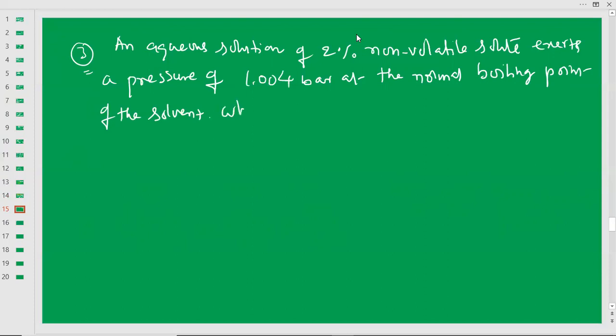The question is, what is the molar mass of the solute?